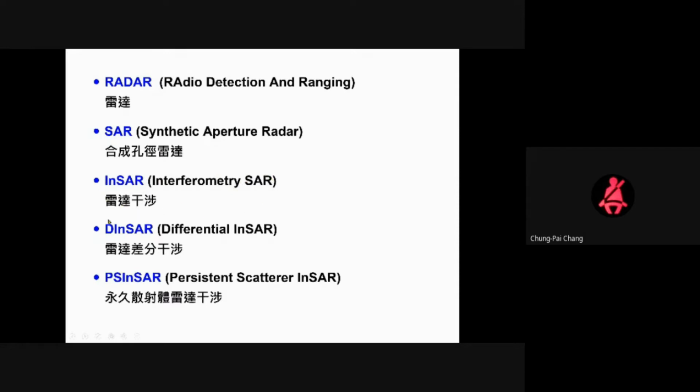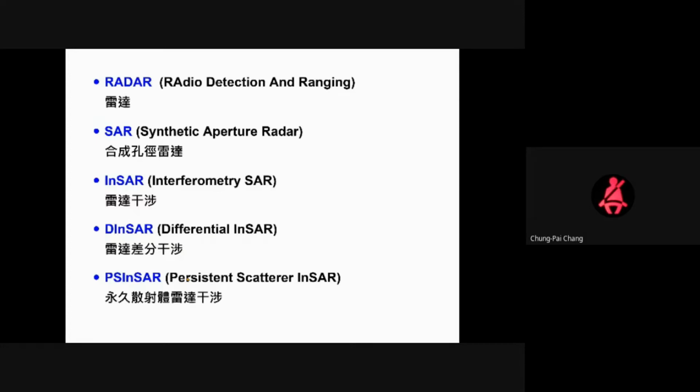Then we can use another, more advanced one, which we call differential InSAR, or D-InSAR, and some enhanced or advanced techniques, for example, PS-InSAR and small baseline InSAR, and so on.